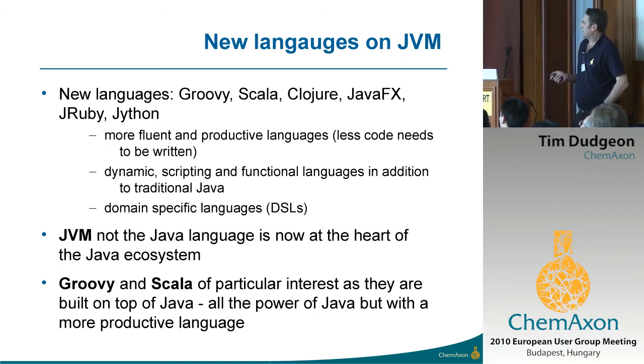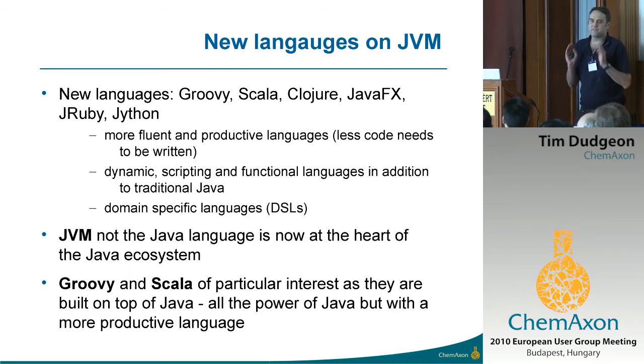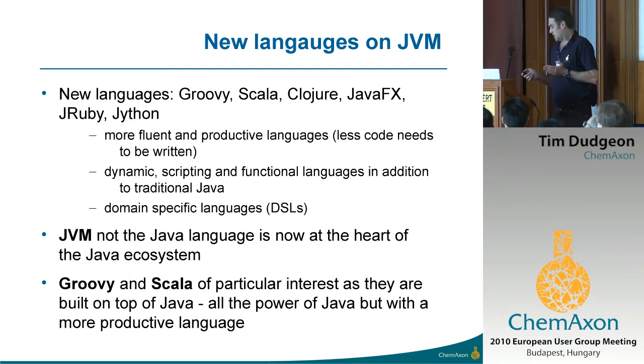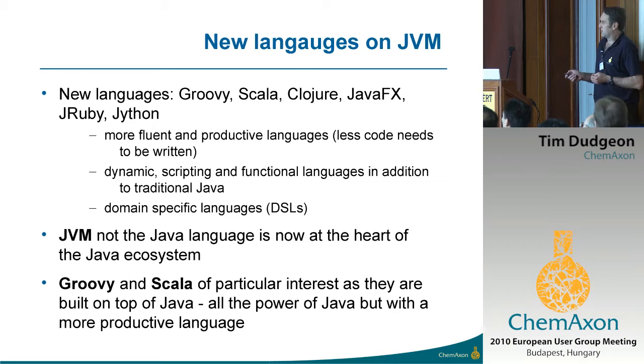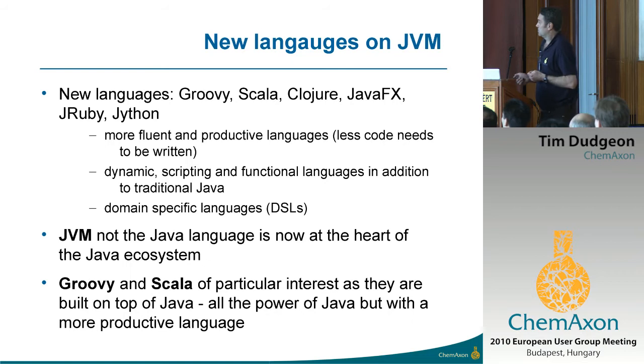Another quick thing here about languages on the JVM. Again, we tend to be very Java-centric and think only about Java. But over recent years, there's been a big evolution in languages on the Java virtual machine. New languages have come along: Groovy, Scala, Clojure, JavaFX, as well as other languages such as Ruby and Python being ported to run on the Java virtual machine.